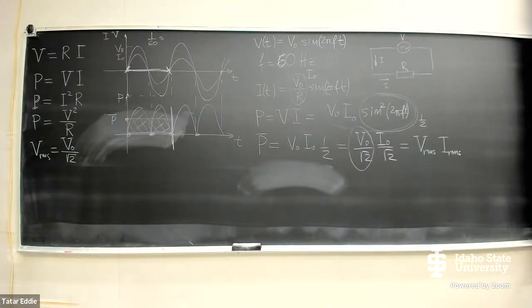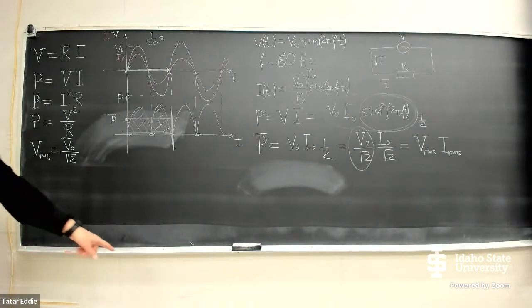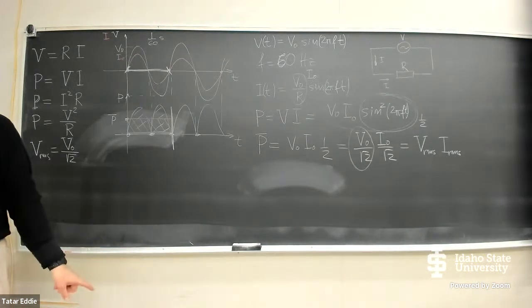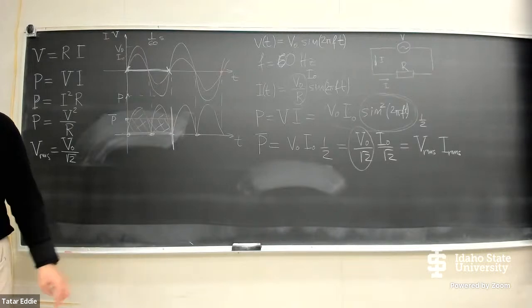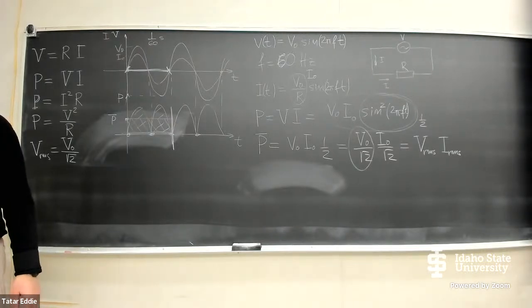So for the voltage on the grid, what is the voltage that we have on this outlet here? We said that on Monday. 120. 120 volts. Is it average or amplitude?